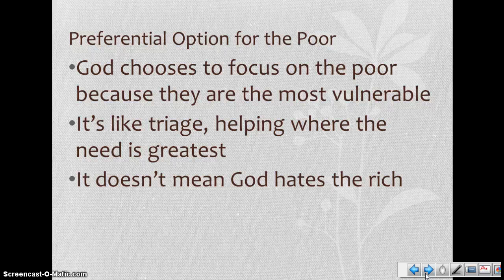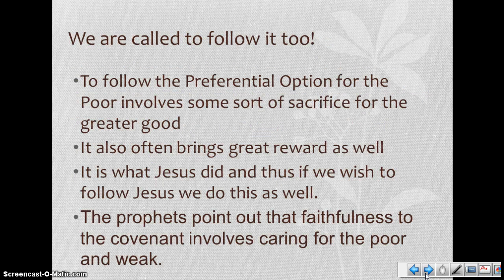So the preferential option for the poor says we need to help where the need is greatest, where people are most vulnerable. It does not mean God hates the rich. Okay, very important to understand that. We are called to follow this as well. And this slide's already on the paper, so you get to just listen. To follow the preferential option for the poor involves some sort of sacrifice for the greater good, but it often brings great reward as well.